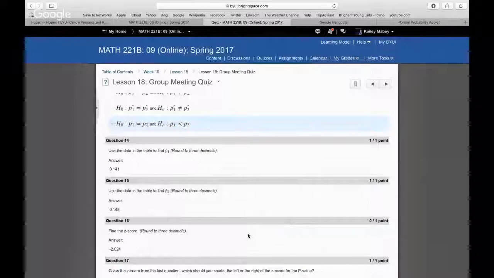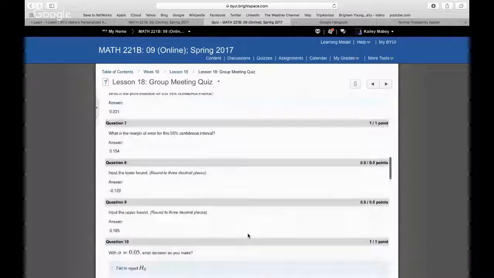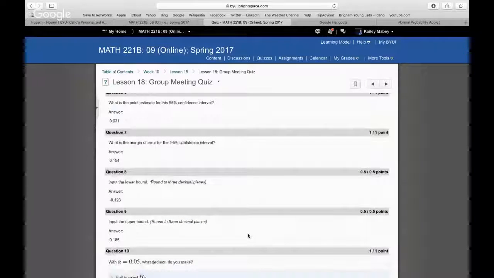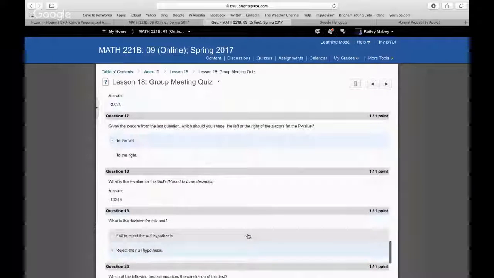I missed the z-score one. Yeah. See, I can't get that one right. We got it wrong last time, too. It's so weird. Wait, what'd you put? Negative 2.024. Try negative 2.023. I don't know why that would make a difference, but okay.